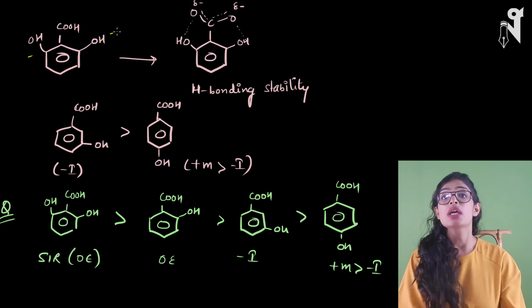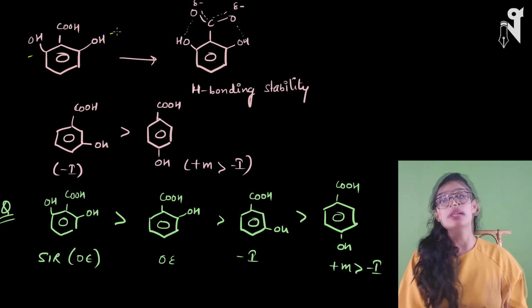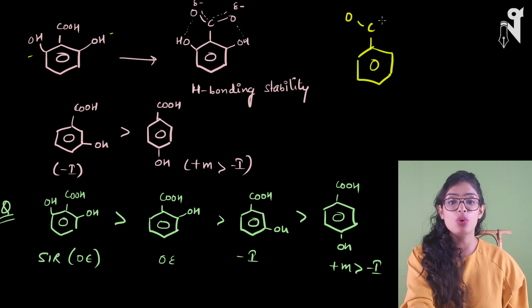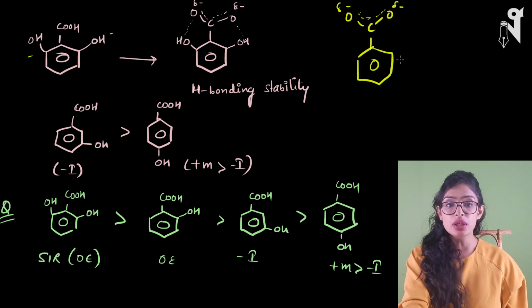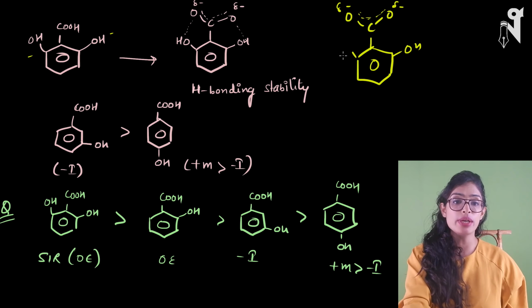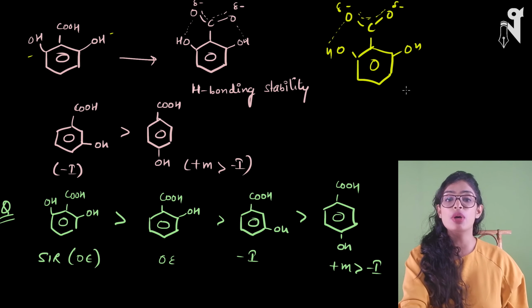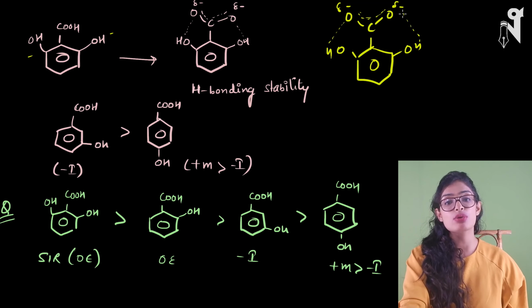But what will happen? It will be further more acidic than your benzoic acid with OH at one position. How is it much more acidic? When the benzoic acid loses its hydrogen, it will become O-, and then there will be a resonance among these oxygens. So there will be a partial negative charge over here and here. Here is your OH and here is your OH. So this hydrogen will form hydrogen bonding with this oxygen, as well as it will form a hydrogen bonding with this oxygen.